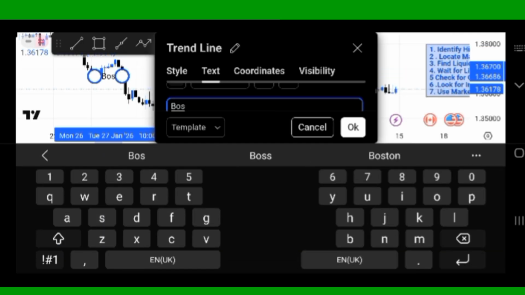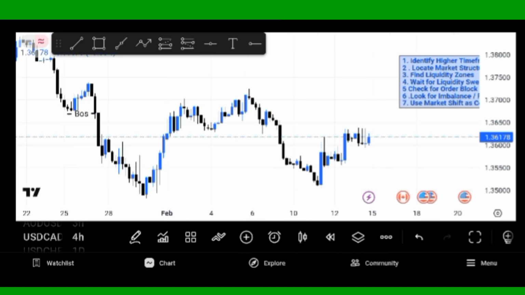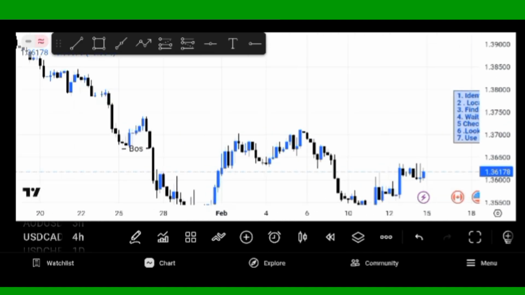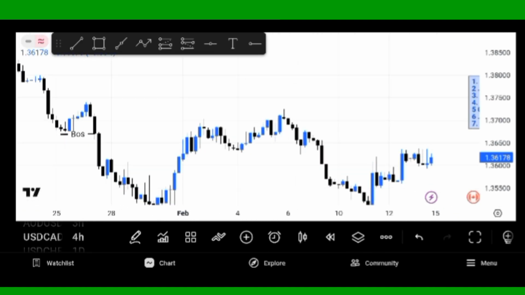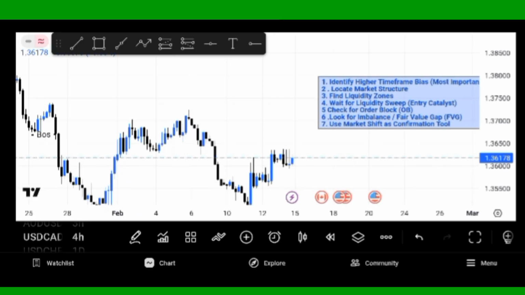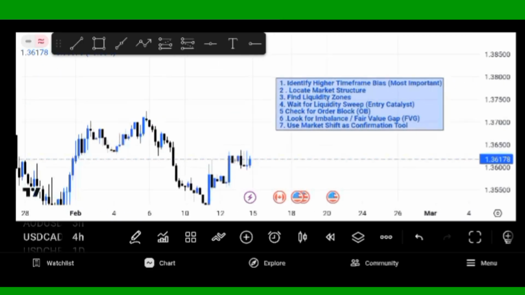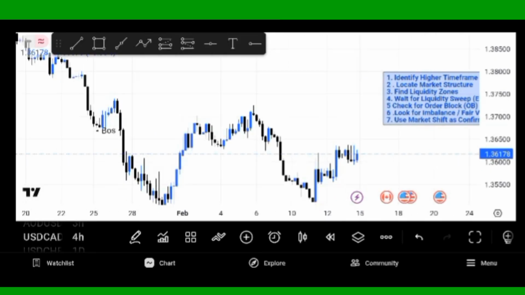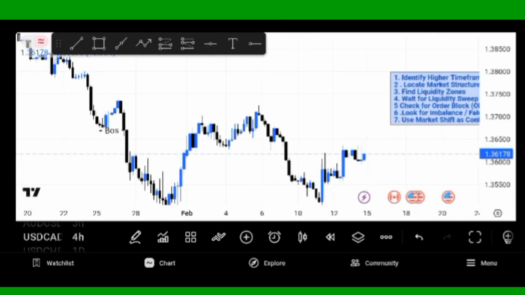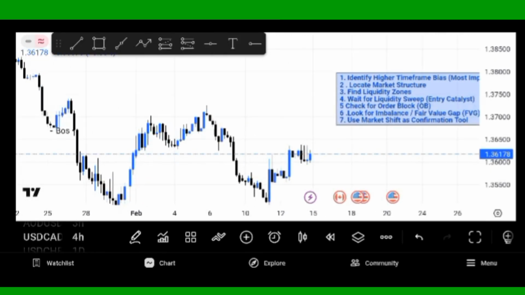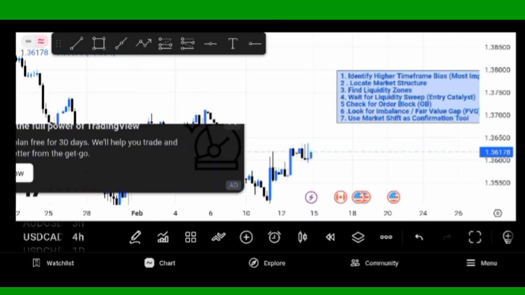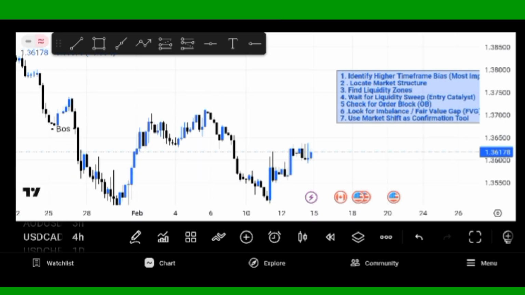If you use these 7 steps to trade smart money concepts in 2026, you will catch good trades, you will not lose, and you will be able to trade consistently. The third one is to look for a liquidity sweep.